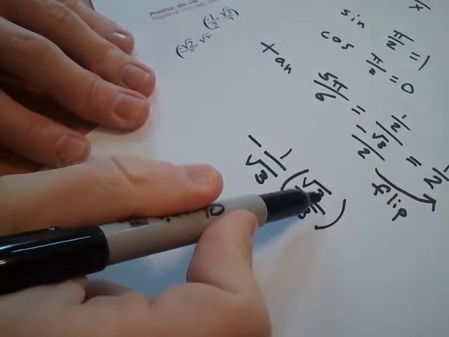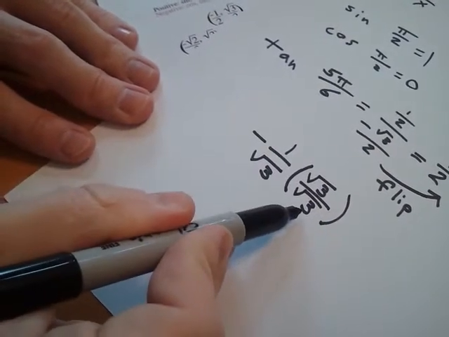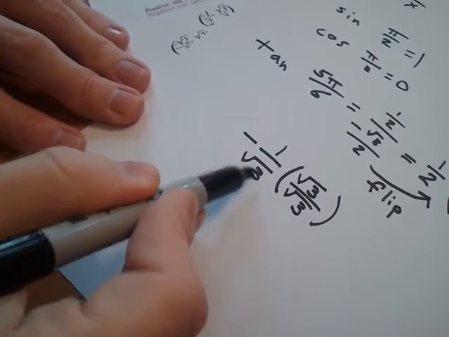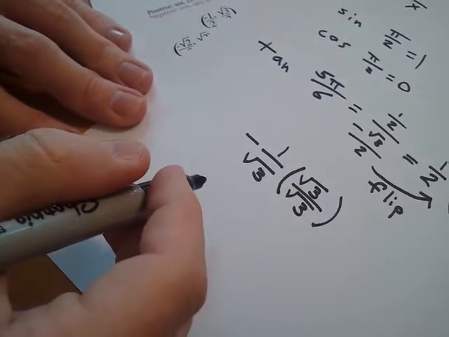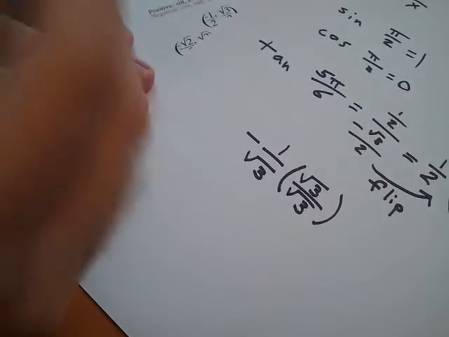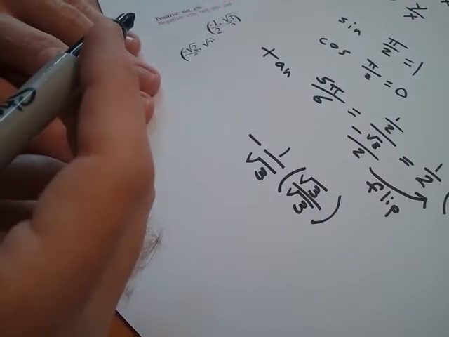Any number divided by itself is 1, so really this is just 1 in another name. The value of this is 1, so we can multiply it by this, and it's not really going to change anything as far as how much that number is, what its value is. All it's going to change is how it looks.